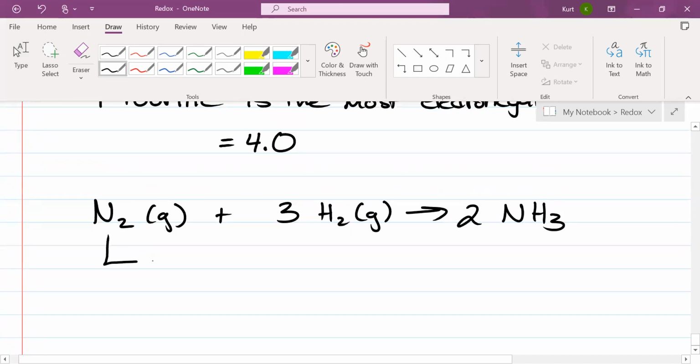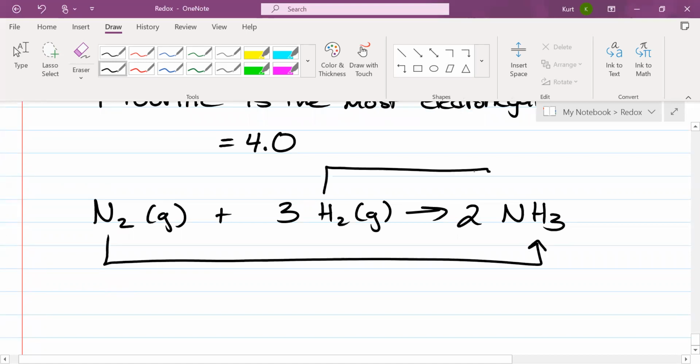So I'm going to draw this arrow going here. I'm going to draw this arrow going there. Can you guys identify for me what would be oxidized and what would be reduced? Well, to figure that out, you need to ask yourself, which element is more electronegative? Is it the nitrogen or is it the hydrogen?